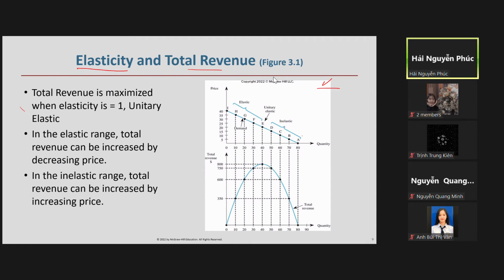When the price decreases, demand is going to be more inelastic, right? It is the first point. And at the point when demand is unitary elastic, then the revenue is maximized.